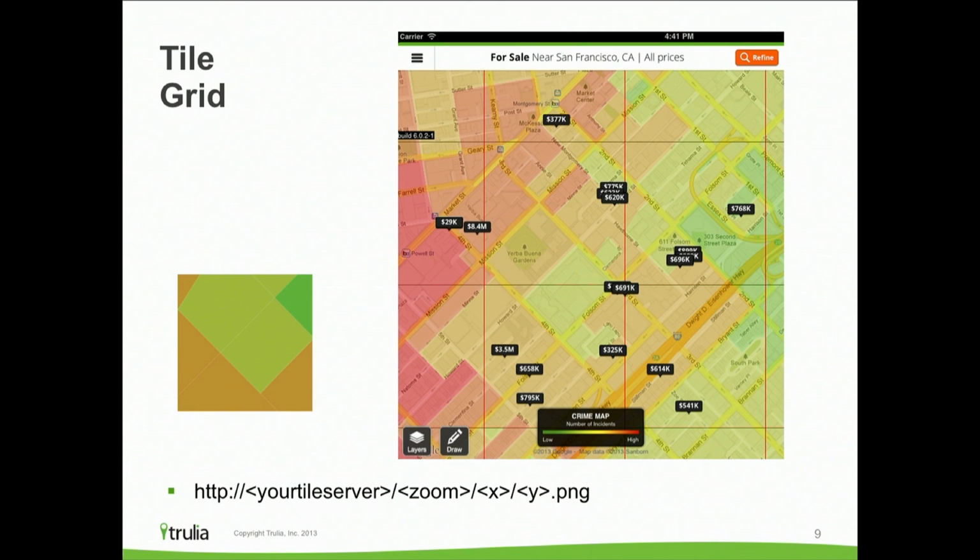And a tile overlay is a two-dimensional grid of tiles. On the right, you see that I've highlighted individual tiles with a red border. And each tile is a square image, a 256 pixel by 256 pixel image, uniquely identified by 3 numbers, a zoom level, an X position, and a Y position, like the URL you see at the bottom.